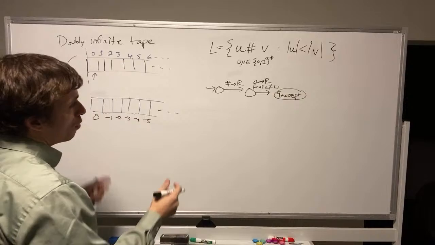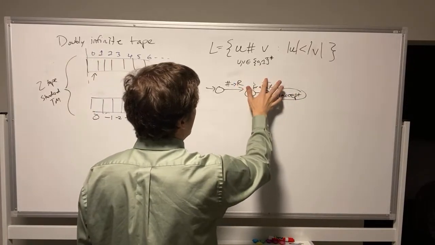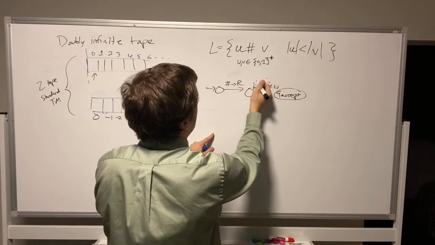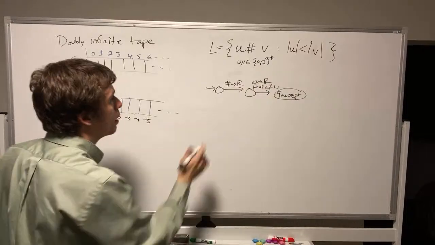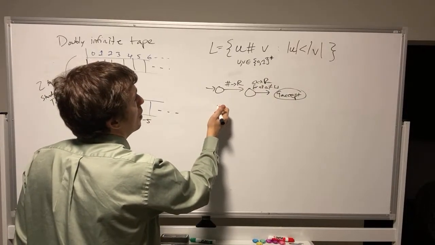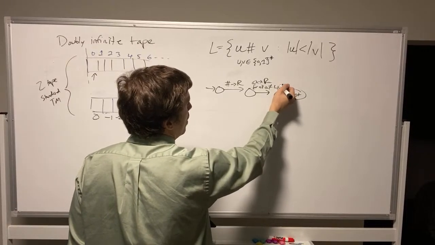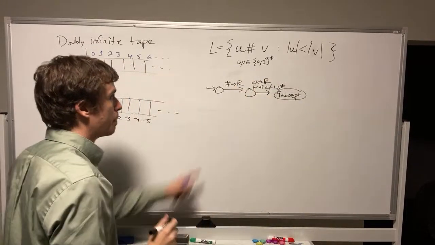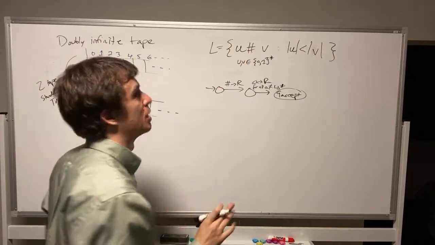Because we know the characters, this will take care of any other characters we want to write to the tape. And we shouldn't see not a pound sign either, because the pound sign should only be in one place. We shouldn't be able to see two pound signs.